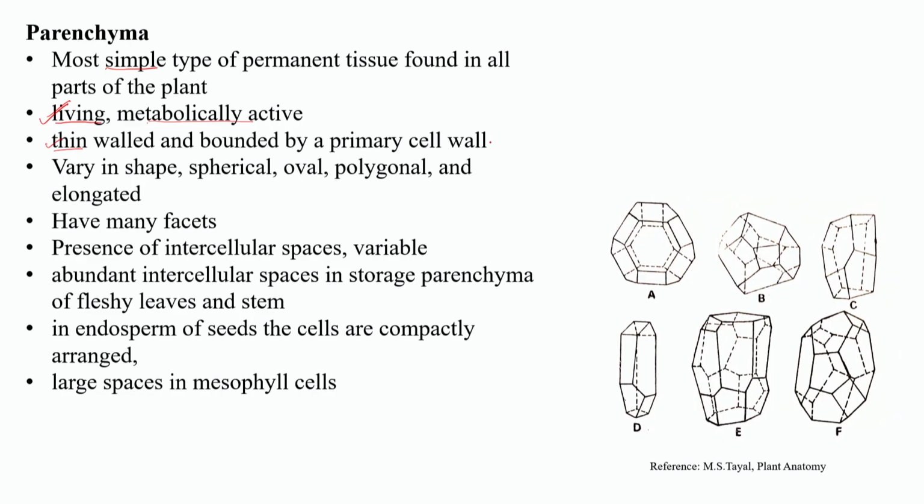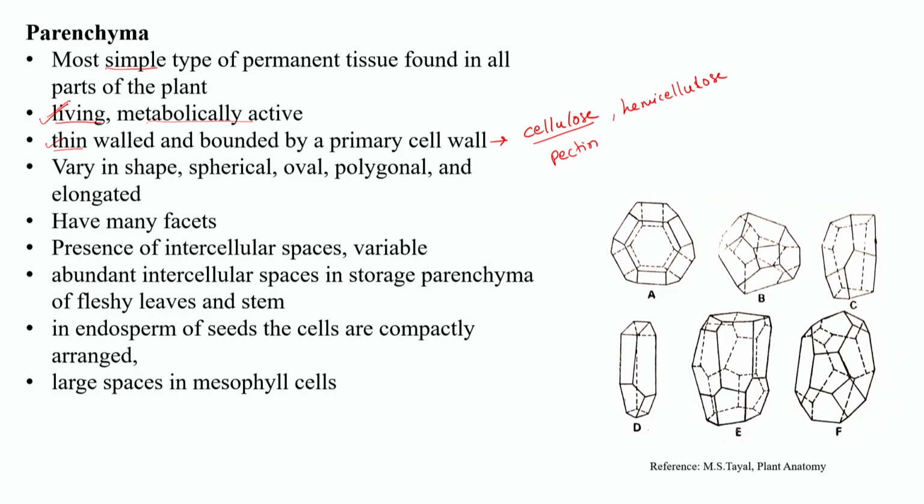Their cell wall is basically made up of cellulose and contains all the components of a primary cell wall: cellulose, hemicellulose, and also pectin. So, all the components of a primary cell wall will be found in parenchymatous tissue.